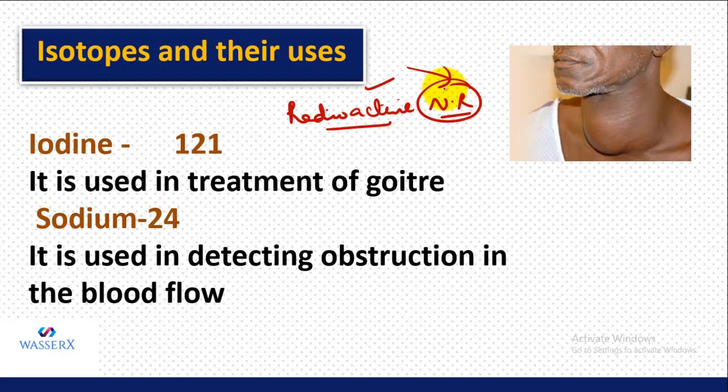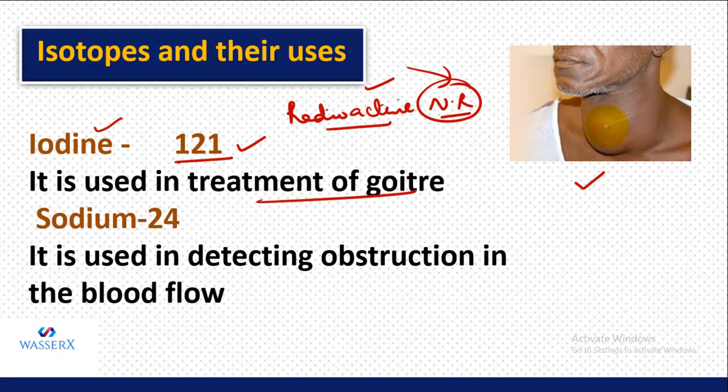So let's see the uses of a few isotopes. One is iodine-121. Here 121 is the mass number for iodine. Iodine-121 is used in the treatment of goiter. This figure indicates a person who is suffering from goiter.